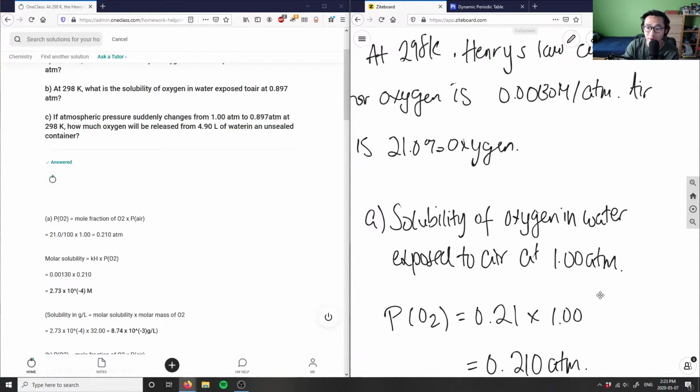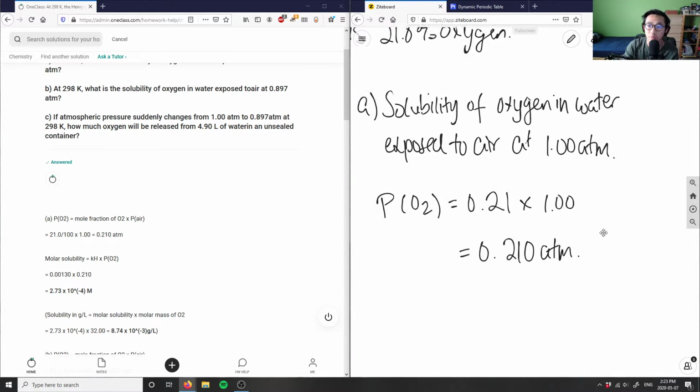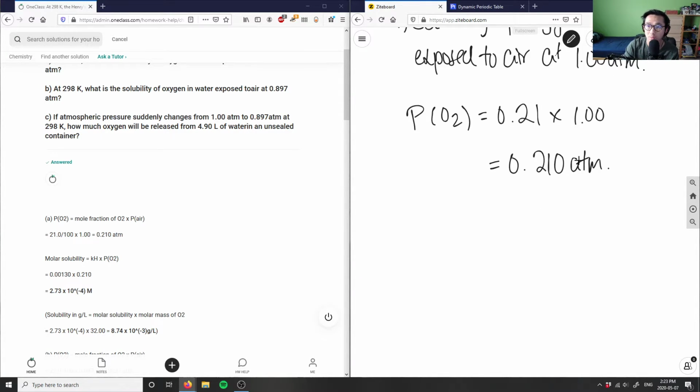So if we have M over atm, we can now solve for the molar solubility, right? The molar solubility equals K, Henry's constant, times the partial pressure of O2. Maybe I'll put K subscript H to make it a bit more noticeable.